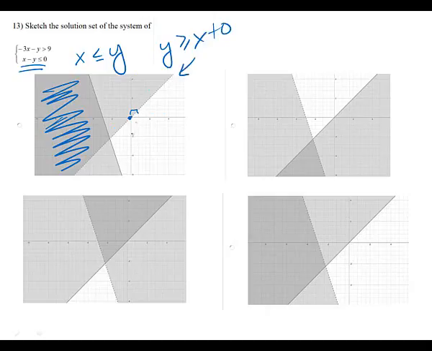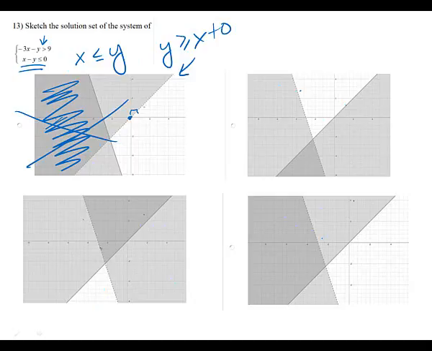Should it be solid or dashed? Solid. So does this one here work for it? No. So that one's gone. Are all the other ones okay? Yeah, all the other ones are fine as far as the solid and dashed. The other line should be what? Dashed. Is the other line dashed in all the rest of them? Yeah.